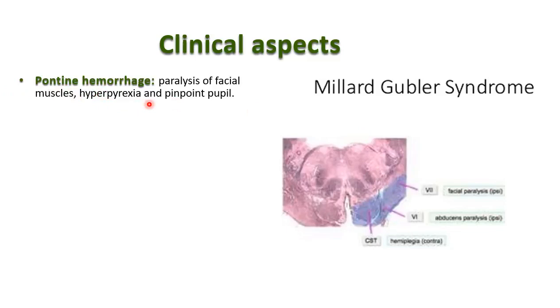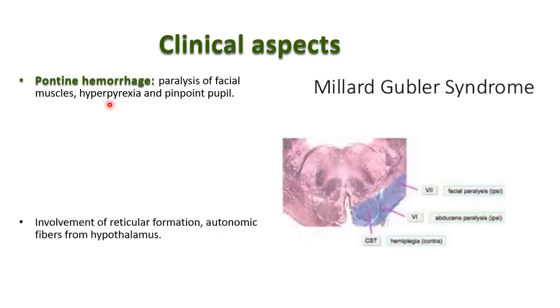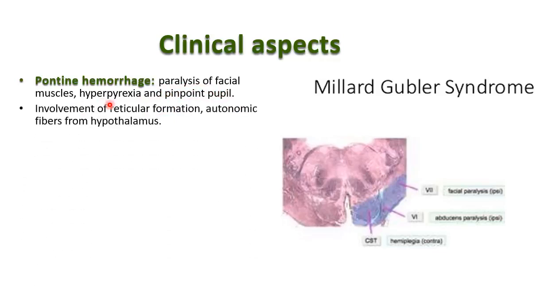Then hyperpyrexia and pinpoint pupils because of the hypothalamus: fibers from the hypothalamus and descending autonomic fibers are involved. The pinpoint pupil does not react to light or accommodate. So pinpoint pupils and hyperpyrexia occur because of involvement of the reticular formation and autonomic fibers from the hypothalamus.